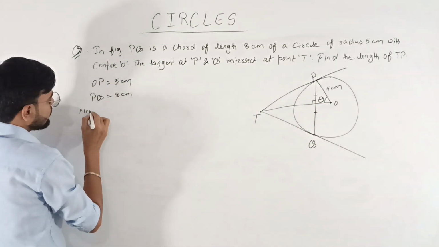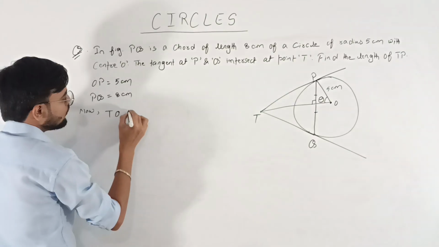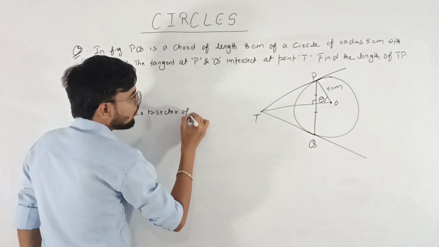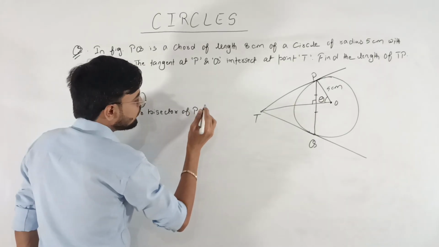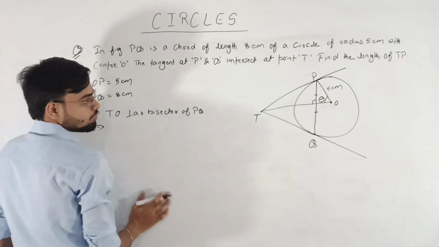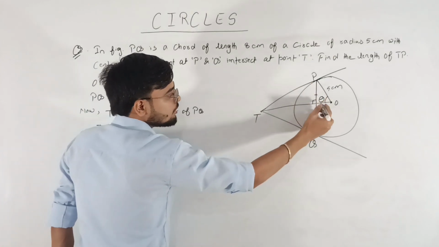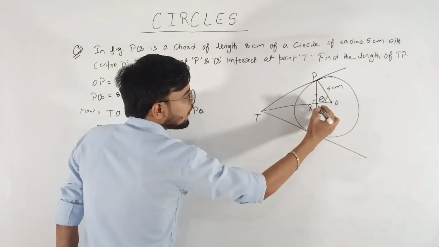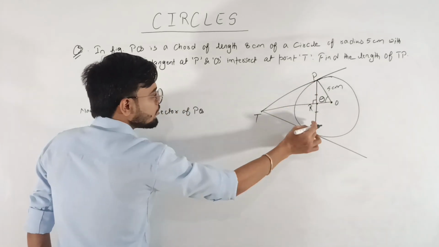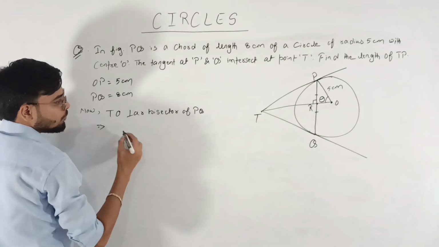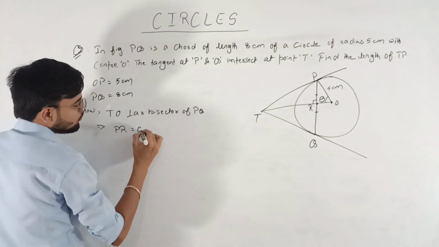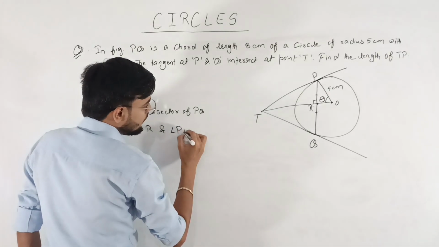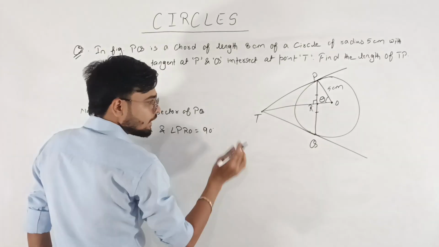If TO is the perpendicular bisector of PQ, then I name this point R. Then PR is equal to QR, and angle PRO is equal to what? 90 degrees.